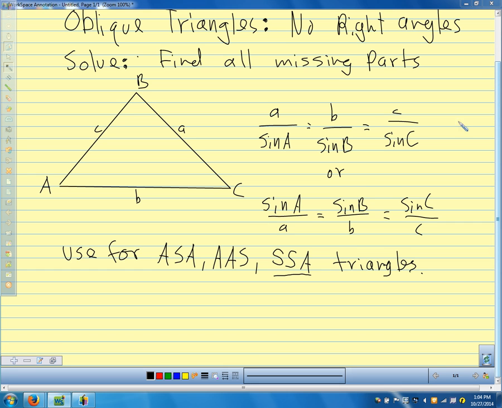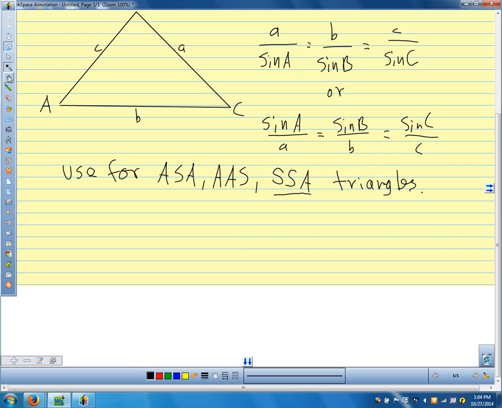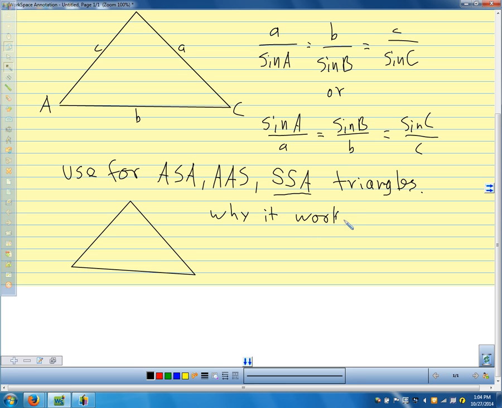All right, and because we don't want this to be just some magic formula that we use, we want to have an idea of why it works. The reason it works is pretty easy now that we understand right triangle trig really well. It's a really easy idea.